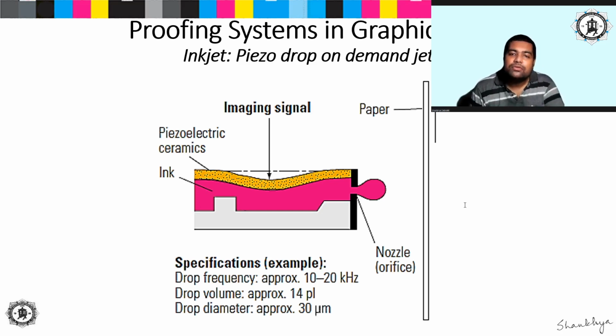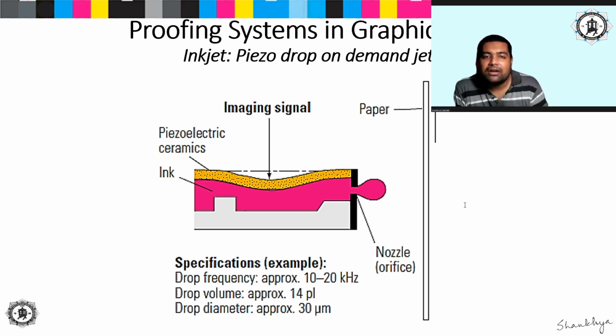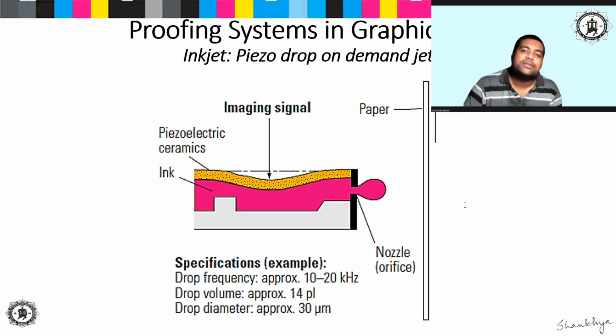Now, in most cases, a disc-shaped piezoelectric crystal is used, placed at the back of the ink reservoir. The disc is deformed whenever an electric voltage is applied to it. This deformation produces a pressure that will expel a drop of ink out of the nozzle. This way, high pressures and low response time can be achieved.